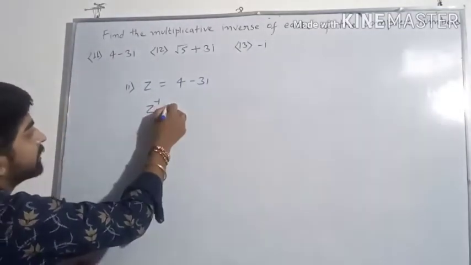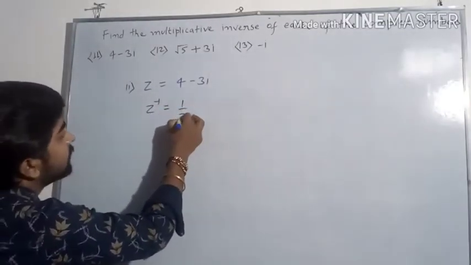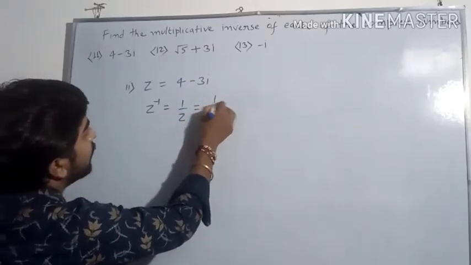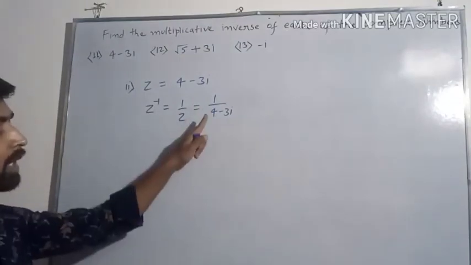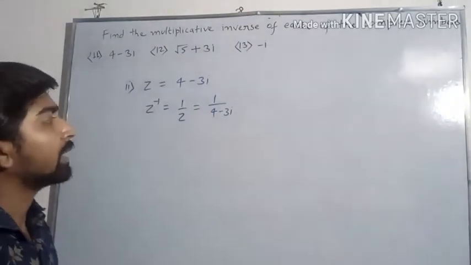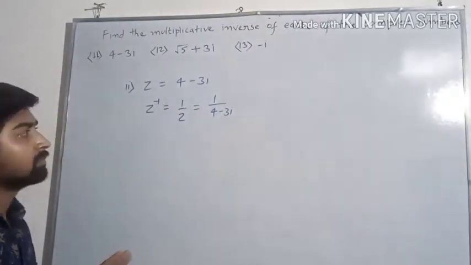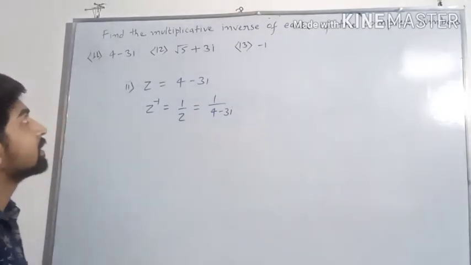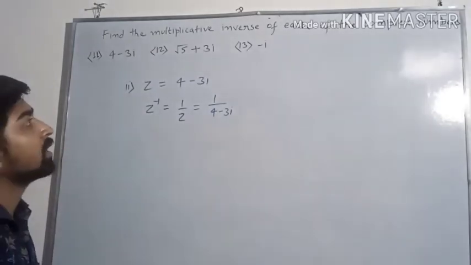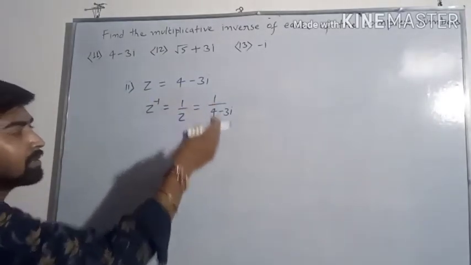It means that 1 by z equals 1 by 4 minus 3i. 1 by 4 minus 3i is the multiplicative inverse of the complex number 4 minus 3i.